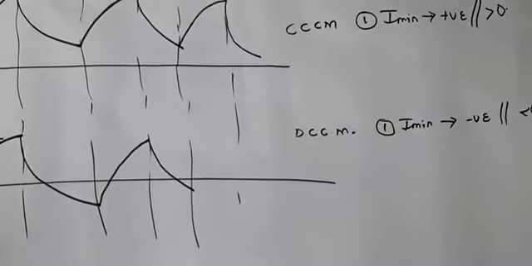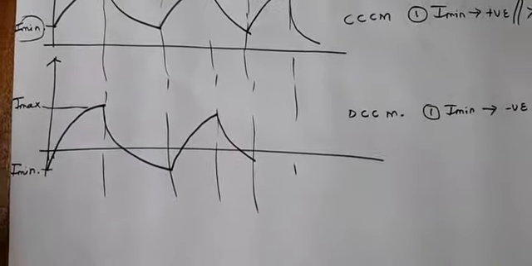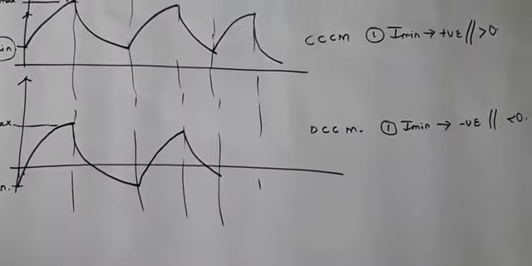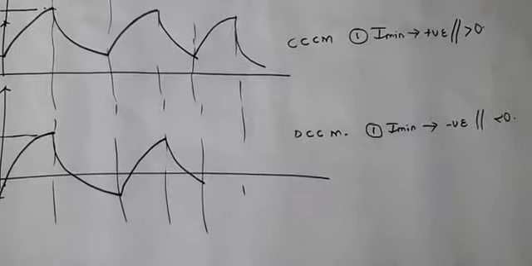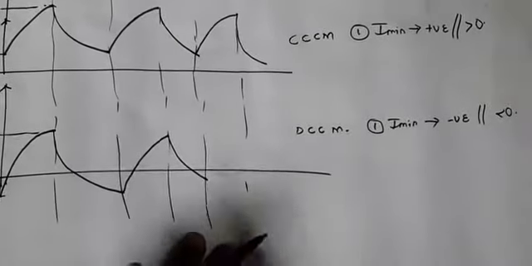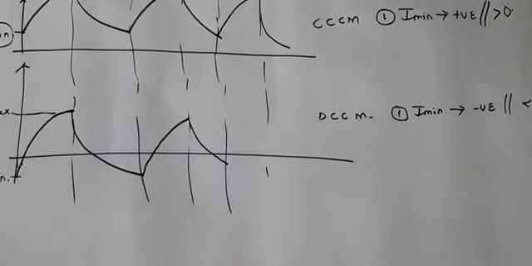So from calculating the value of Imin, we can determine whether we are operating in continuous or discontinuous current conduction mode.